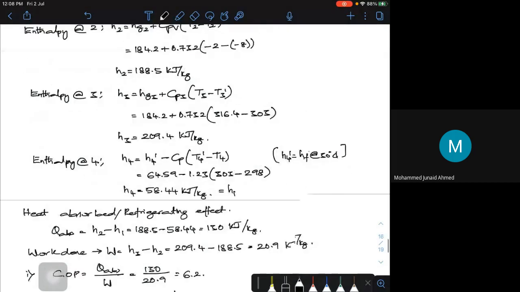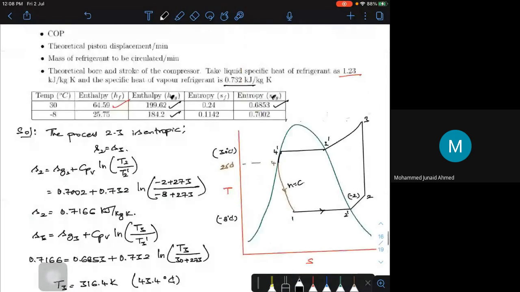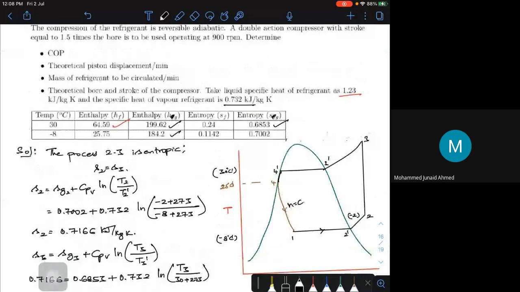Now, in this particular problem, this is an extra thing. If they are asking us to find the theoretical displacement, I need the specific volume.